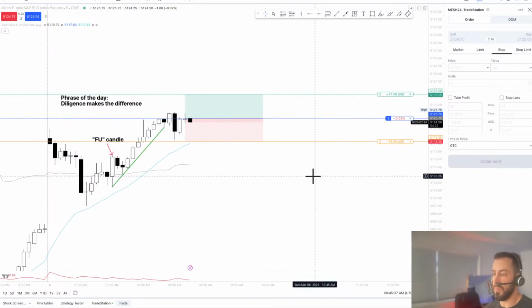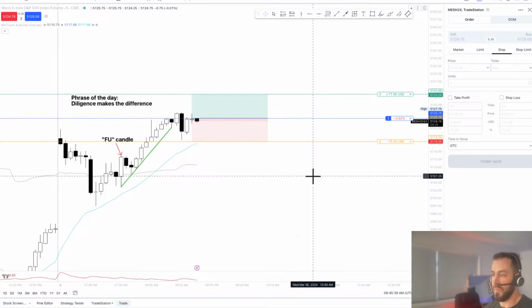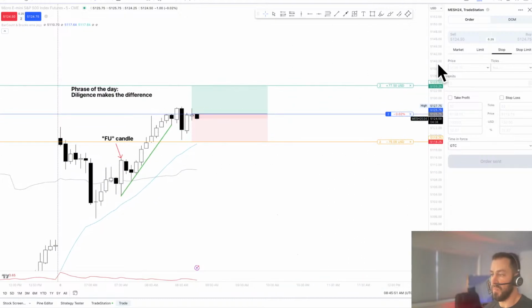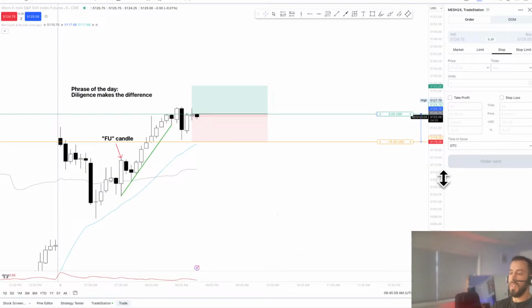So if I was a bull and I saw that, I'd be disappointed. So we're gonna do that. Let's see what happens. See if we can get filled on that.